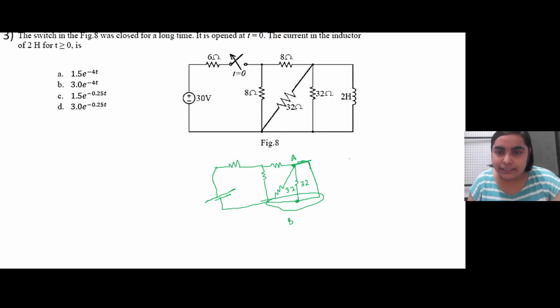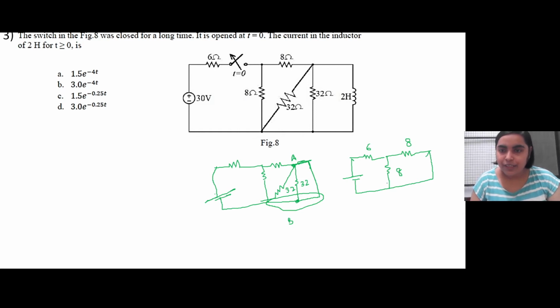So during steady state, we will have only this 6 ohm resistance, this 8 ohm resistance, and this 8 ohm resistance. Since there is a short circuit, that too will not affect. And this is the current that is flowing through the inductor.